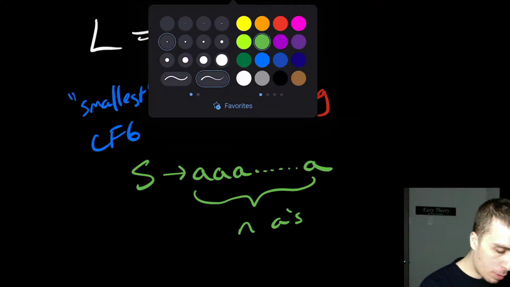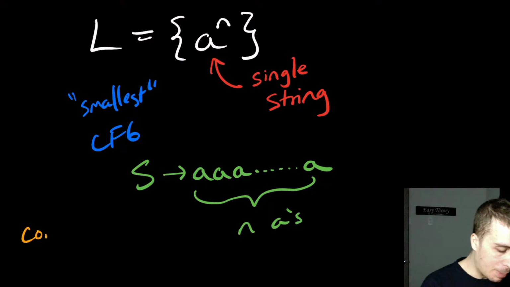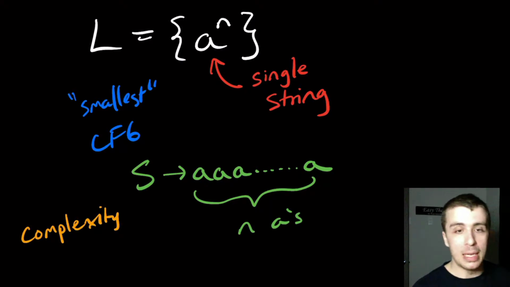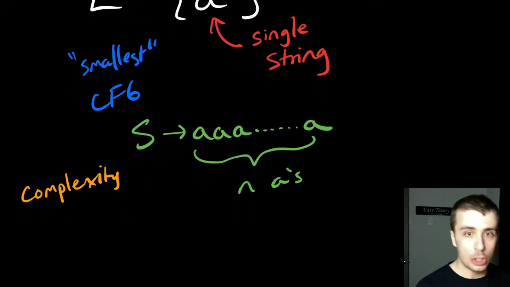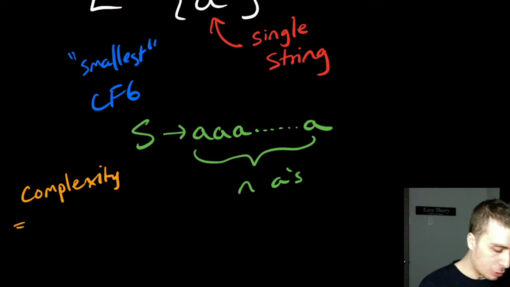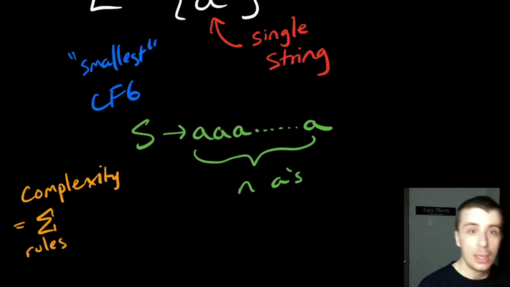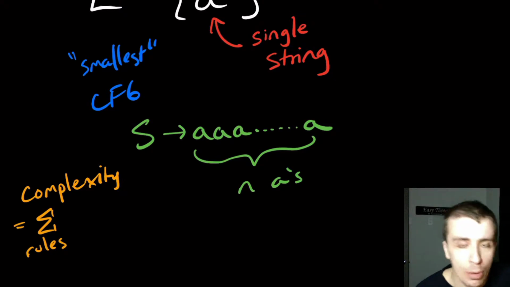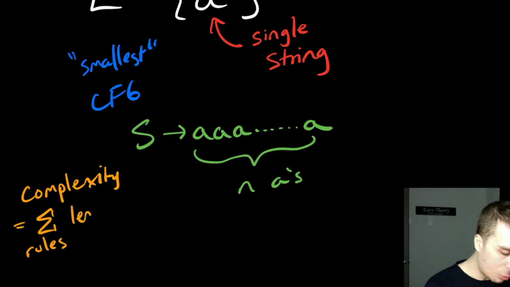So what we're going to define here is the complexity of the grammar. The complexity of the grammar is going to be the sum over all rules. What we're going to count here is the length of the right-hand side.